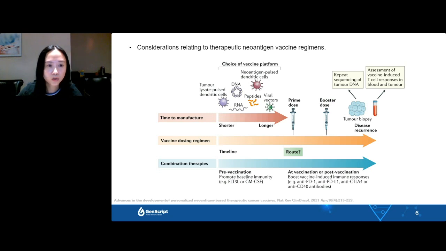Also the vaccine dosing regimen, like how many doses and when to have the dose, stuff like that. And once the disease reoccurred, we have to repeat the sequencing of the tumor DNA, and also assess the vaccine-induced T-cell response in blood and tumor. And combination therapy, I mentioned previously, is for a good environment for when the patients got the vaccines.